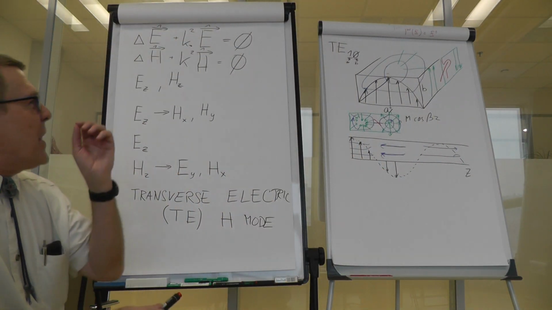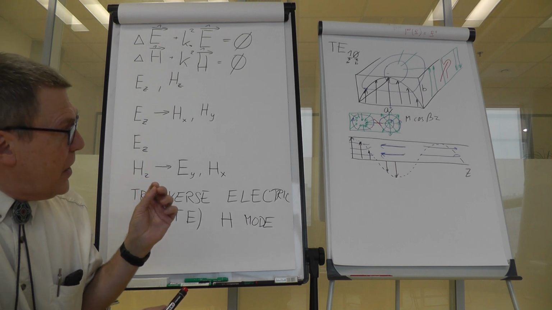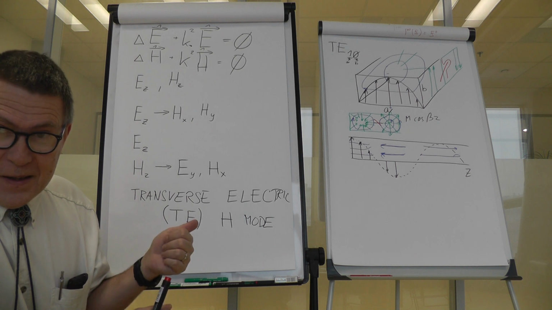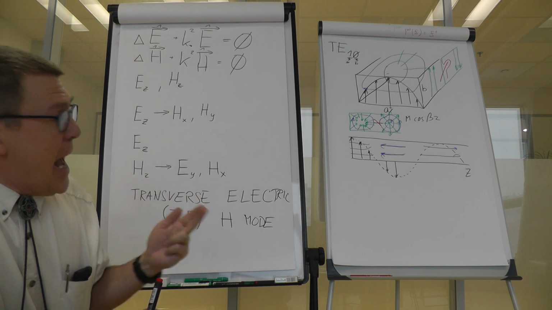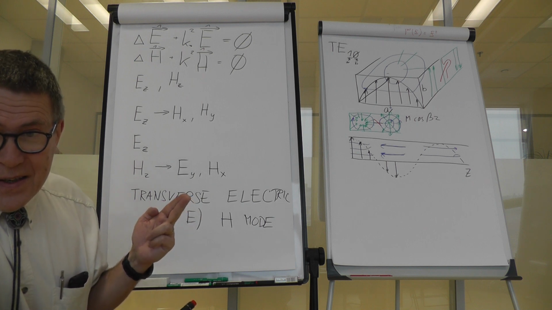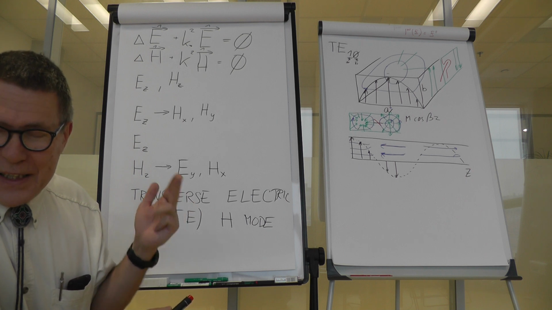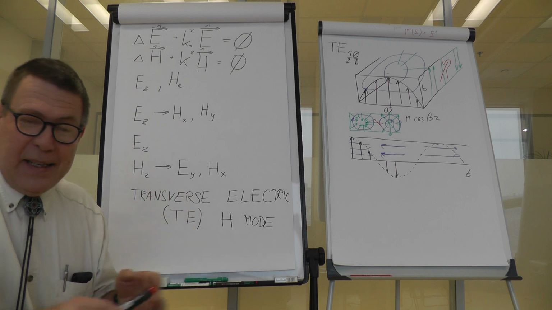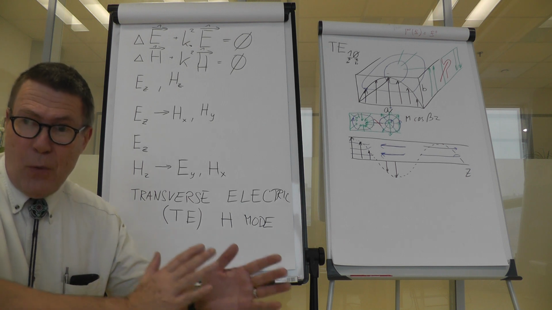So now I have drawn three components: electric field, magnetic field, and current. In fact, I have mentioned a fourth component, that's the charge. And now let's tell the story about the wave that propagates through a waveguide.